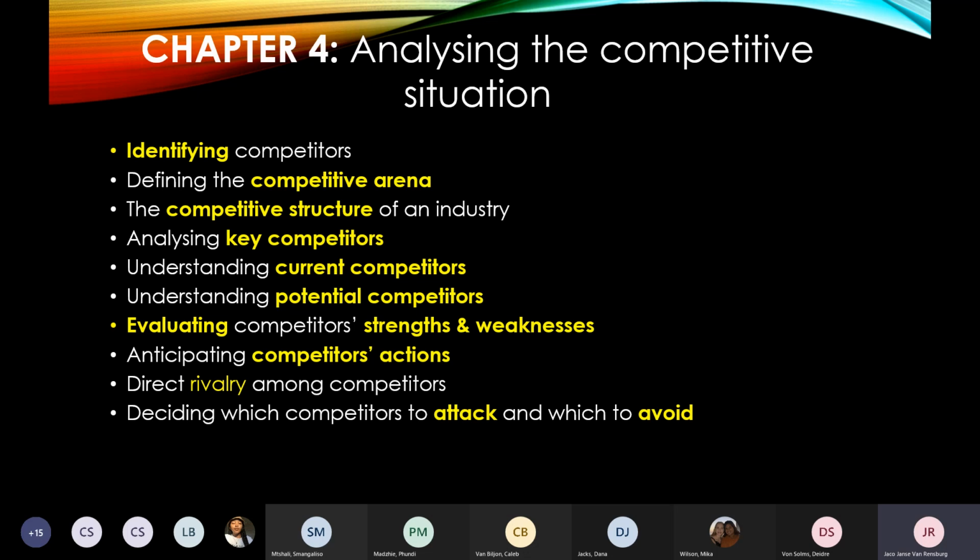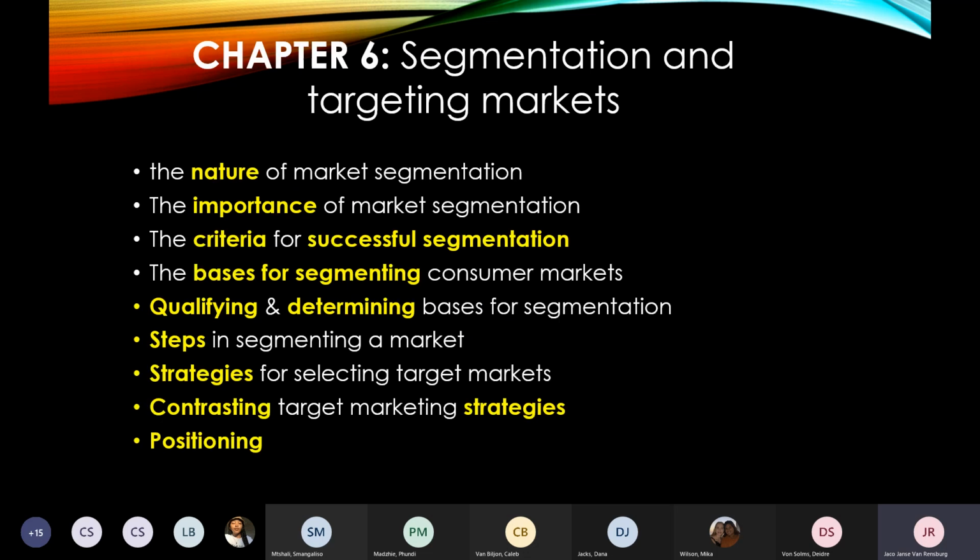Chapter 6, the other chapter that you have to complete and prepare for, is about the STP process. Although we're not doing the P, because P is positioning, that's in chapter 7. Segmentation and targeting. The different bases, the different levels of segmentation, and the different segmentation strategies, marketing strategies.